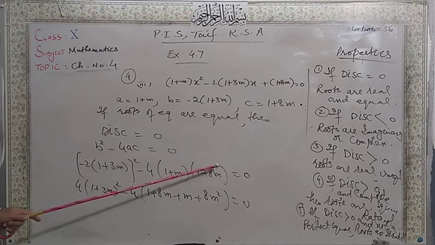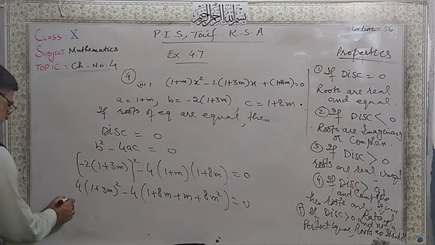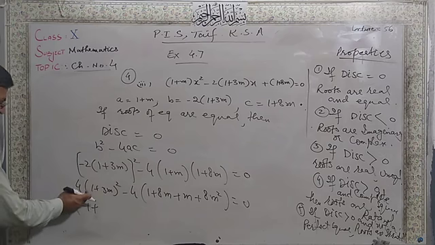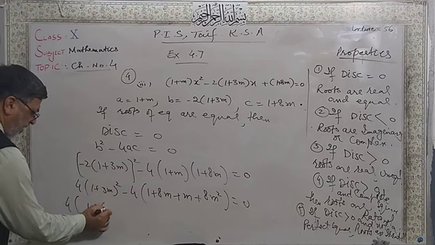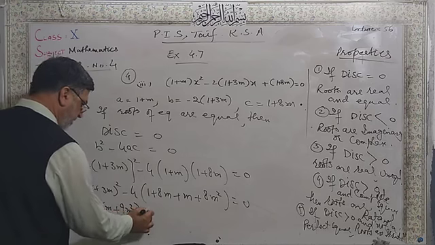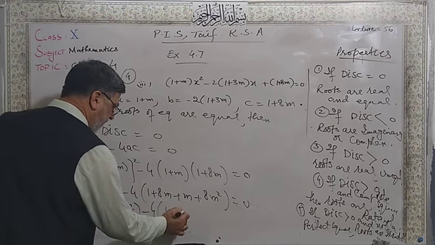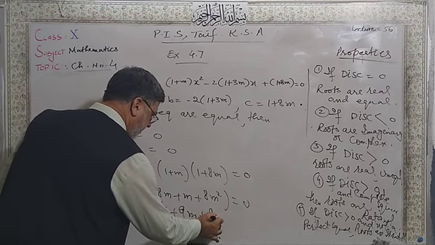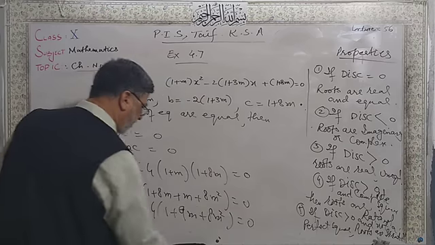So 4 into (1 plus, now I am taking a square plus 2ab, 6m plus 9m square), minus 4 into (1 plus 9m plus 8m square) is equal to 0.